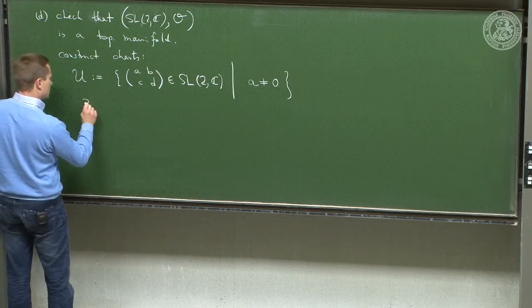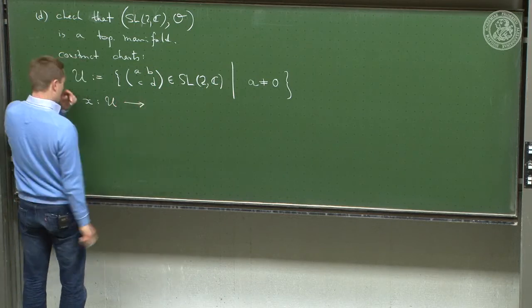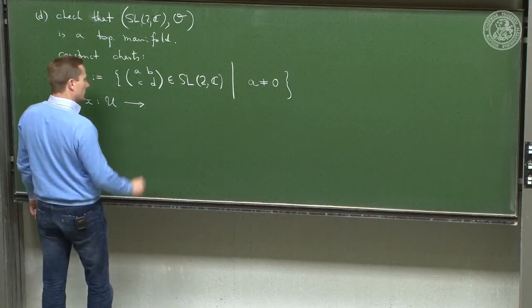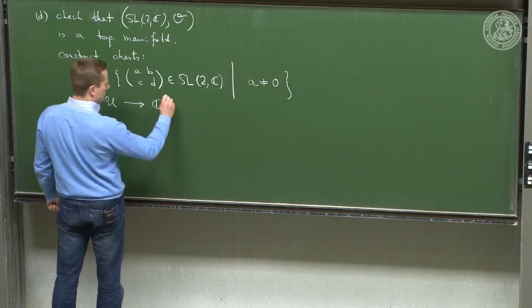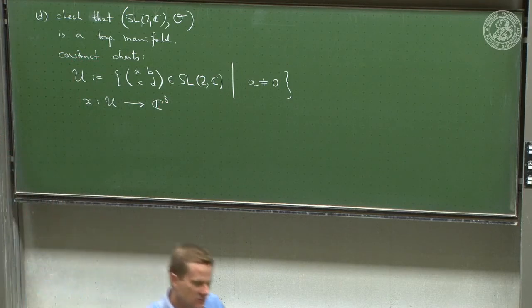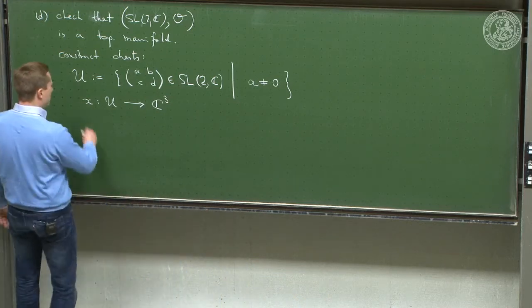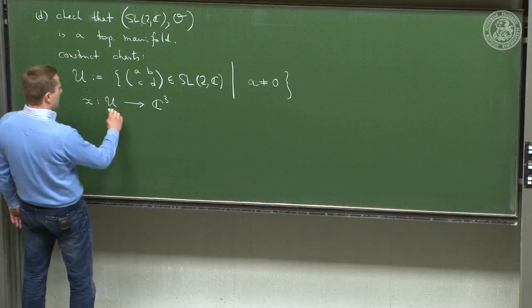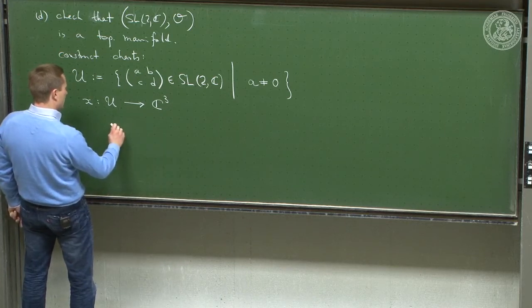Now I look at the chart map I call X. X is supposed to go from the chart domain down to, and let me see whether my intuition is right here, C3. So our charts are C3 charts. I take an element in U, and I map it by X, and I land here.